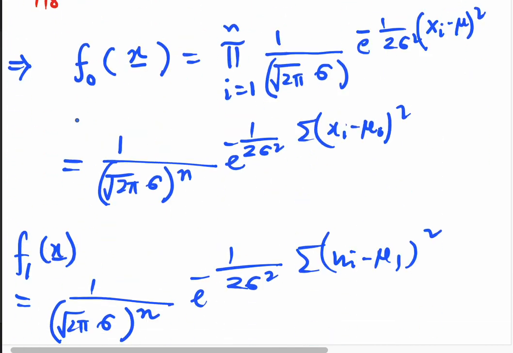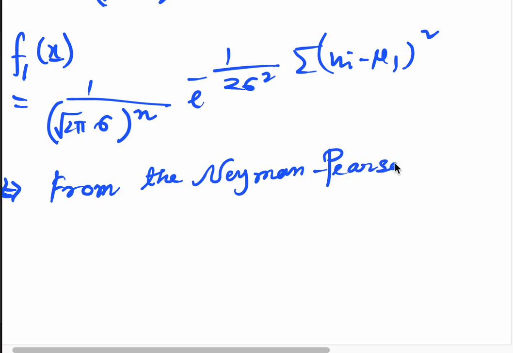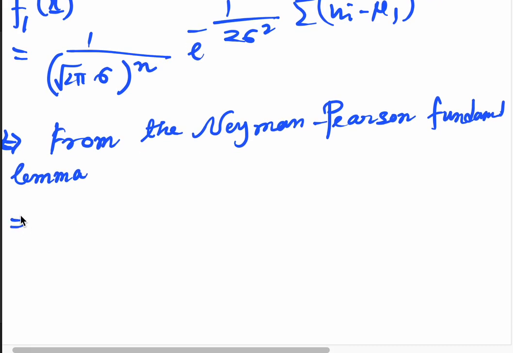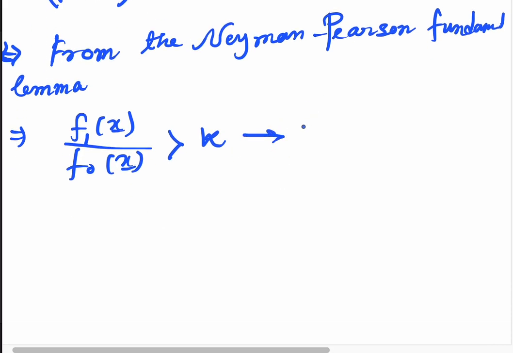According to the Neyman-Pearson fundamental lemma, we know that if f1 by f0 exceeds a certain level k, then we reject H0.